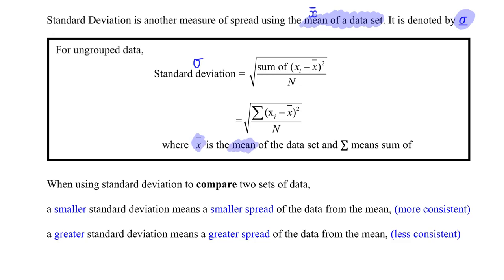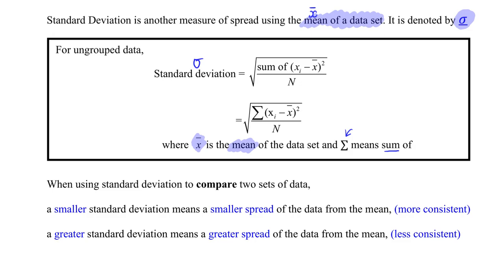And this particular symbol here means the sum, or summation. Sum means add everything up. So this is the formula for standard deviation: the sum of all the data minus the mean, in brackets squared, done for every single data value, and I divide by n.